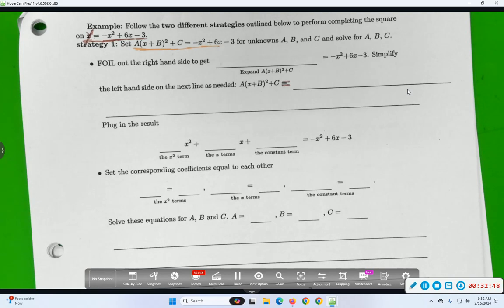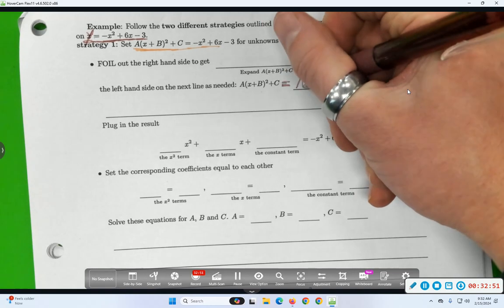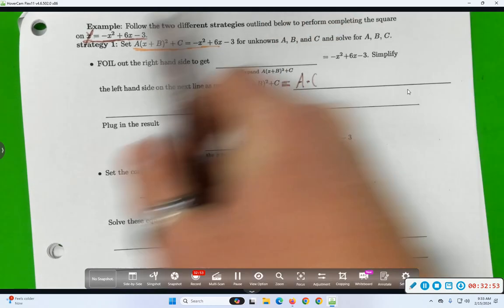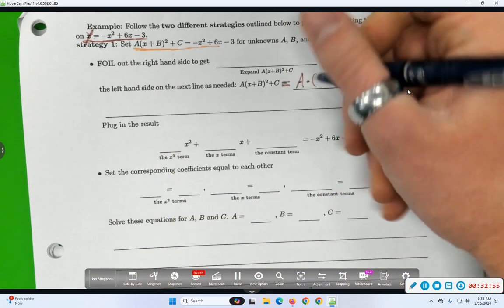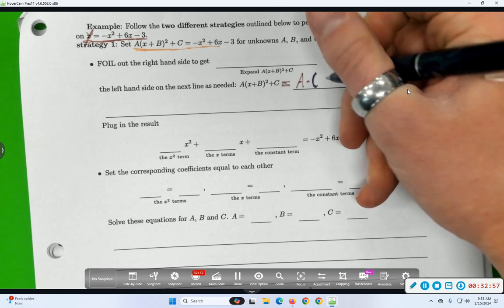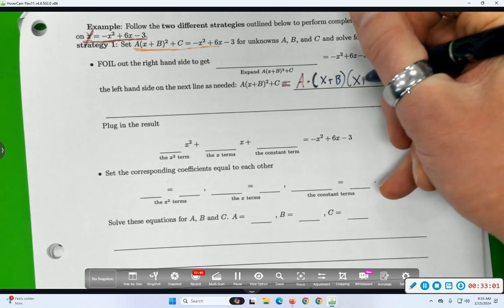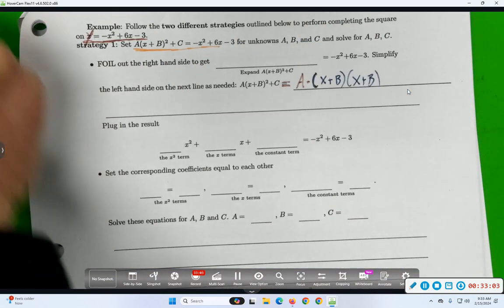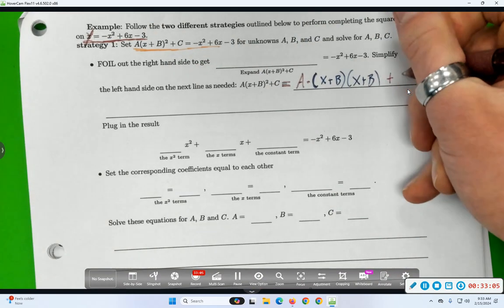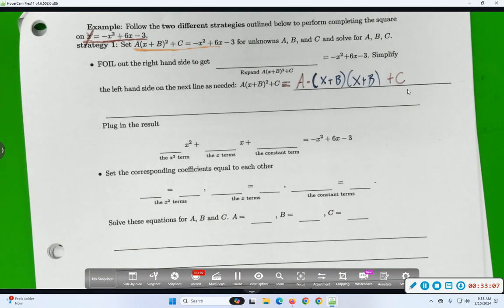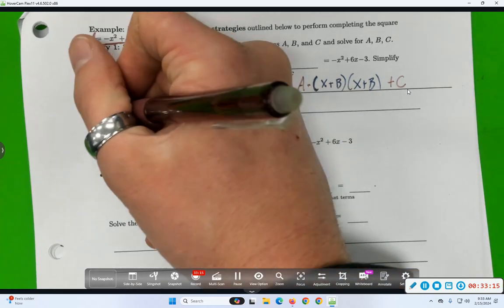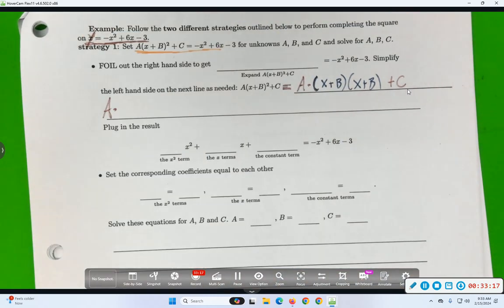So, A times (x plus B) squared plus C. I'm going to do this in blue because this is the place where I'm going to make most of the changes. Let's just walk out what that is. So the bit in blue, what happens when you FOIL out that? What do you get?